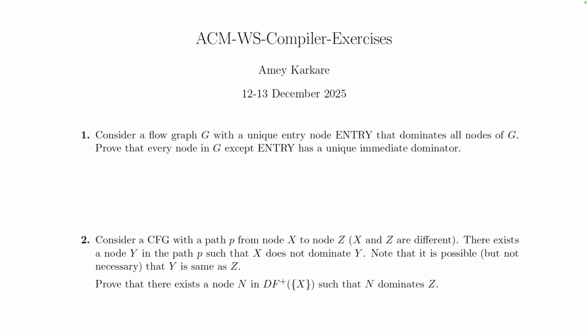I have to keep moving backward, but then I have to show that it will stop. It will definitely stop at x because x dominates itself, so you cannot keep going to the grandparent. Which means on this path there exists some node xi which belongs to the dominance frontier of x.